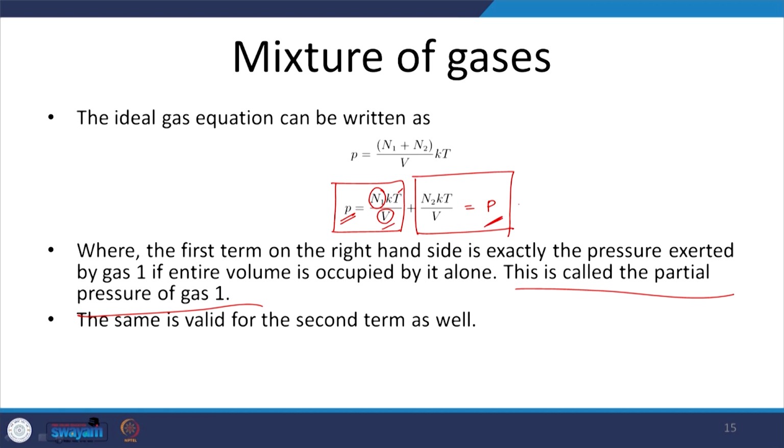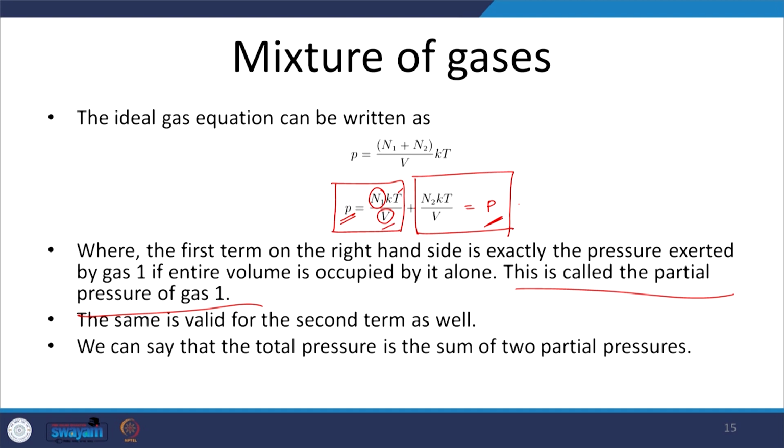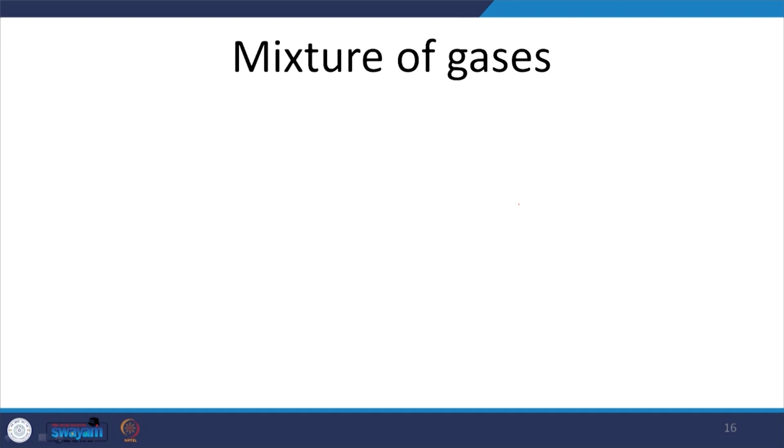So, we can say that the total pressure is the sum of the two partial pressures, right. The most important thing of all this discussion is that we always assume that these gases are not interacting among themselves. So, there is no chemical interaction happening within the mixture of gases. If it happens, then it's a different story.